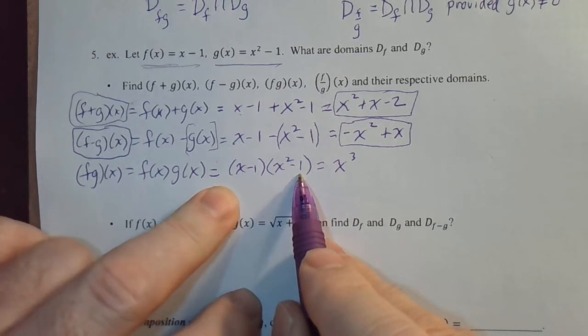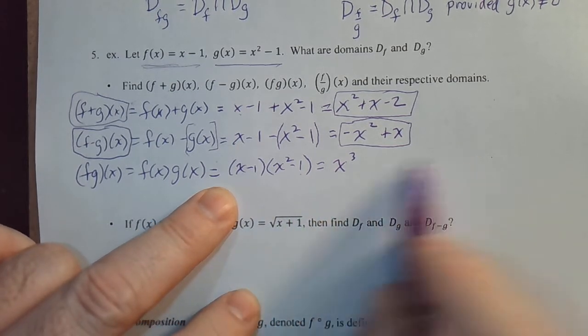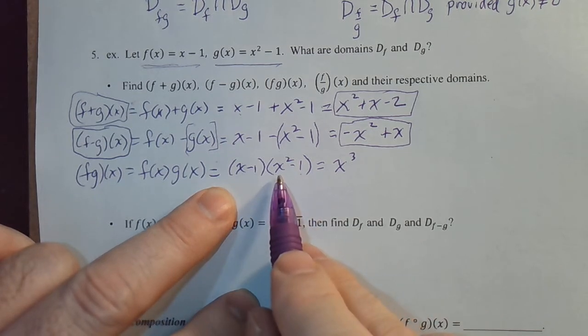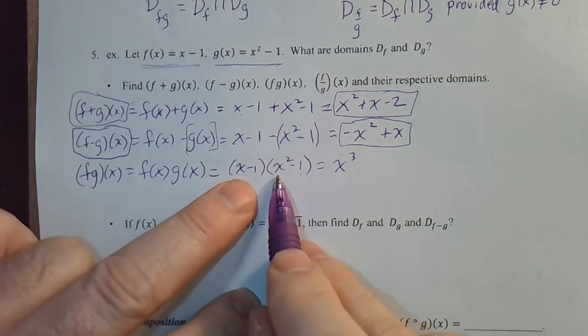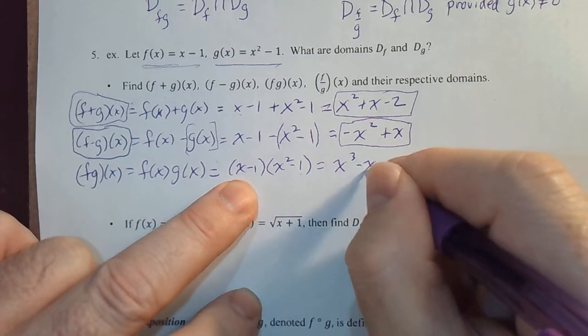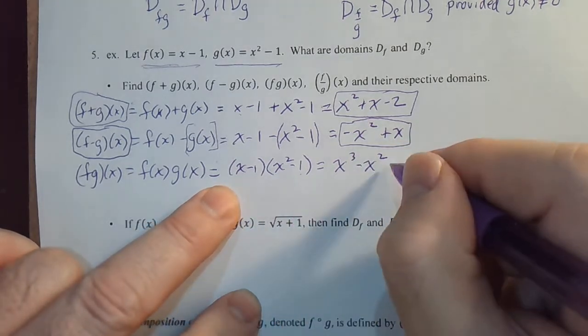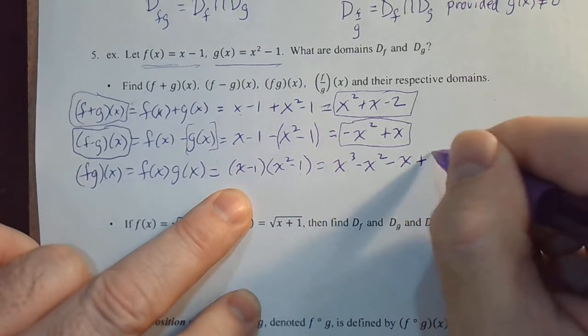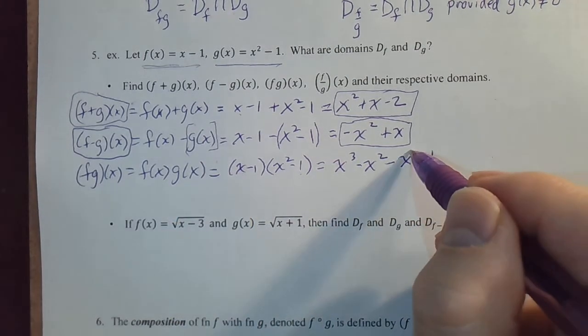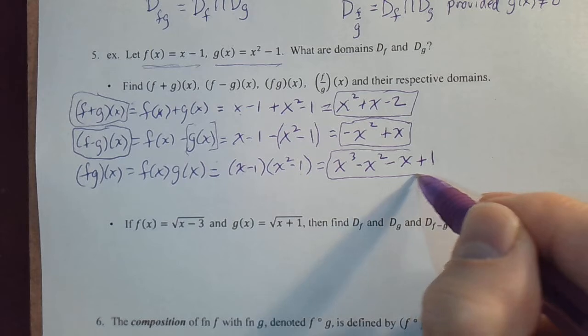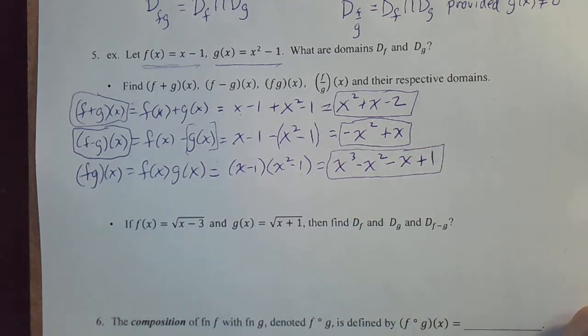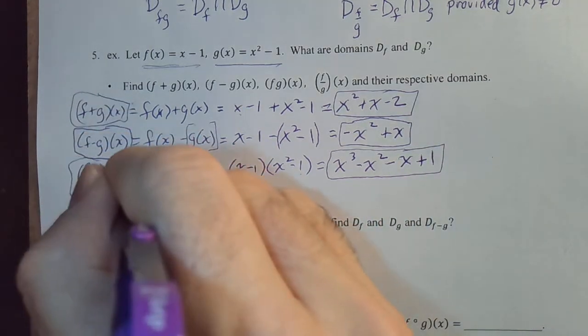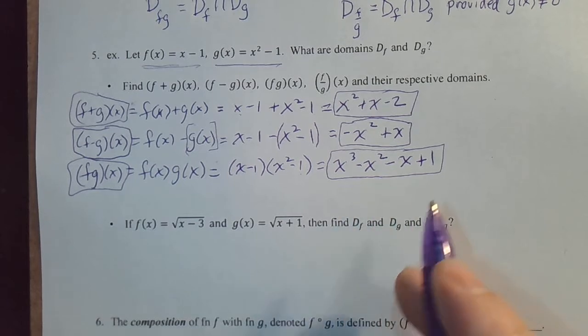Actually, I'm going to do FIOL, and I think we can get this written in the correct form. Inner would give me a minus x squared. Outer gives me a minus x. And then last gives me a plus 1. Great, I don't have to combine any like terms because they're all unlike terms. So fg of x is equal to this.